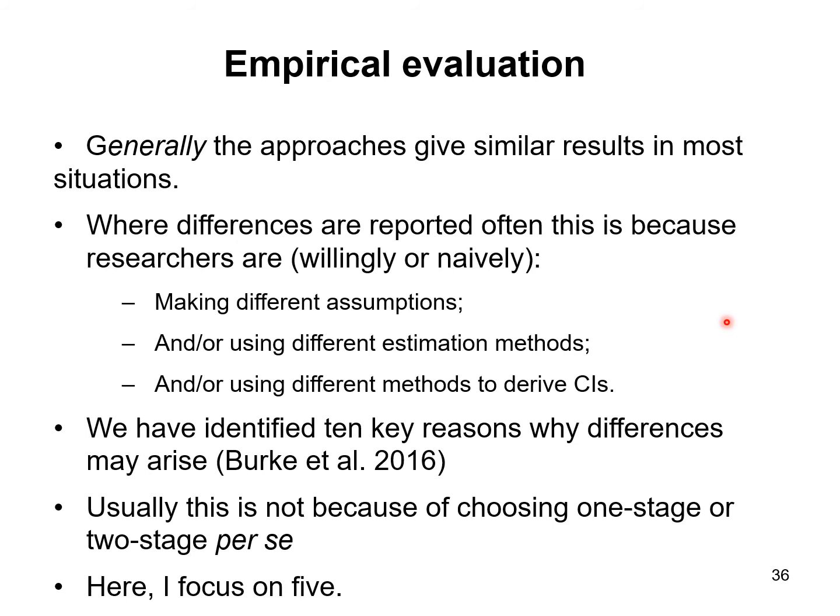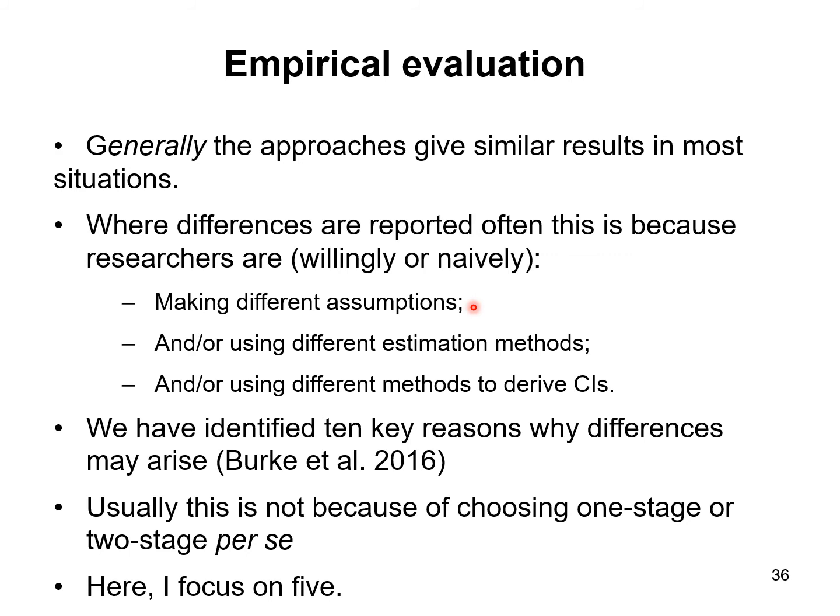So based on that, the approaches give you very similar results. In practice, you may not see results that are the same, but this is not because of choosing a one-stage or a two-stage per se. It's actually about people making different assumptions. For example, in a one-stage analysis, some people would put a random effect on the intercept.